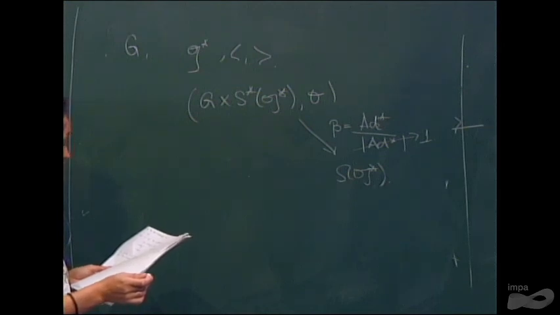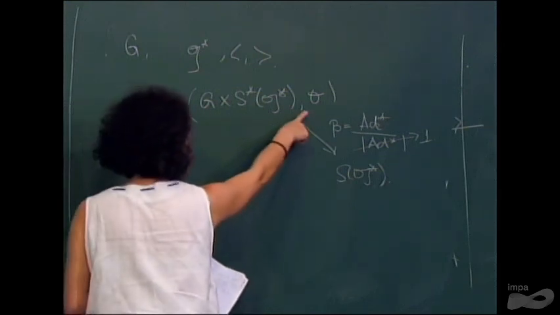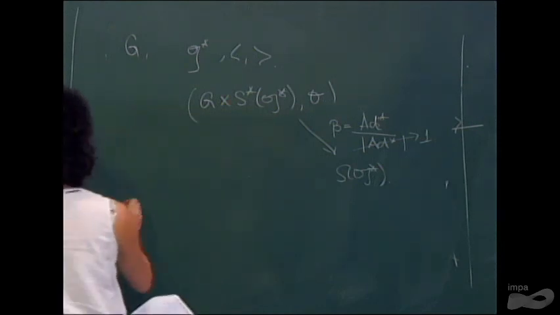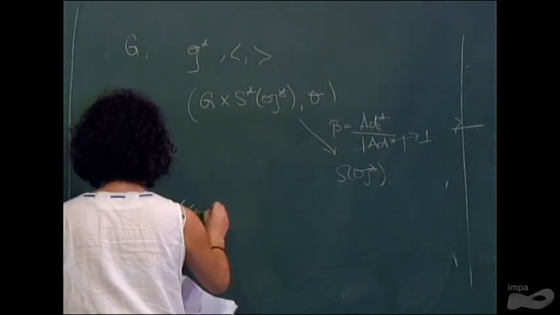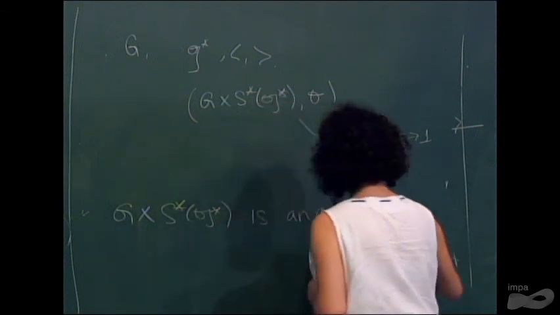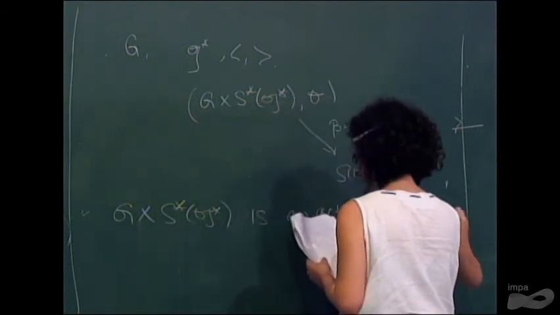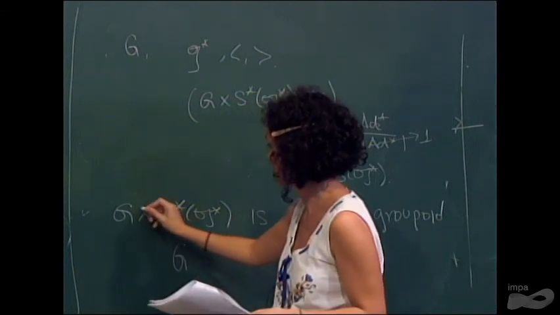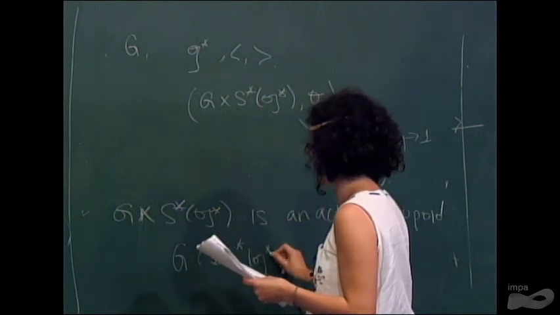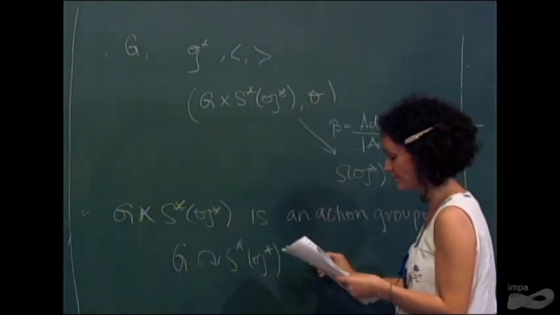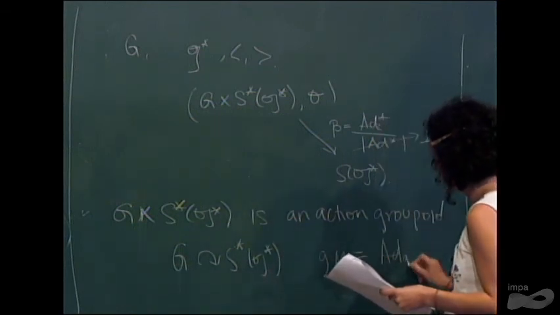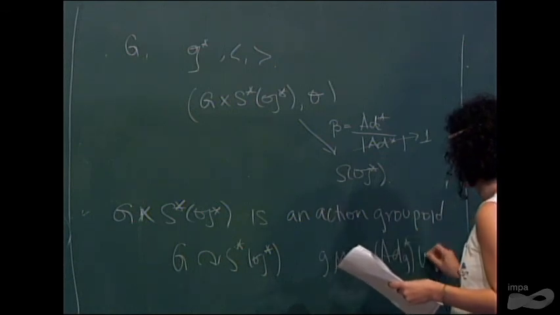In fact, this manifold here, G times the sphere in 𝔤 star, is an action groupoid, where the action of G on this manifold is given by the coadjoint action. So g times mu is equal to the coadjoint action of g applied to mu.